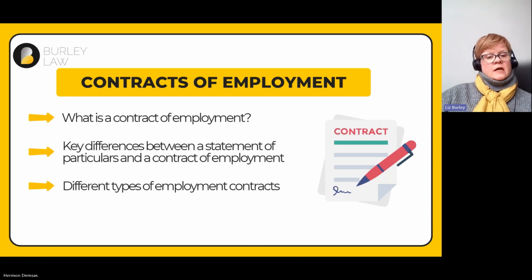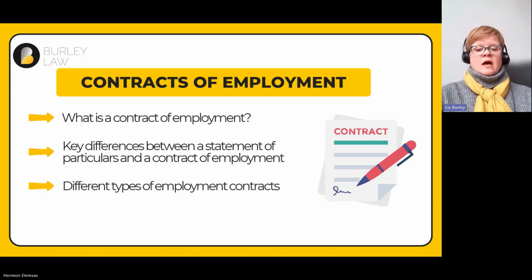There might be more detailed provisions around termination of employment, ownership of confidential information, things like intellectual property, and also it might extend beyond the end of the employment and specify what an employee can and can't do after their employment has ended. I will come on to that in a little while.